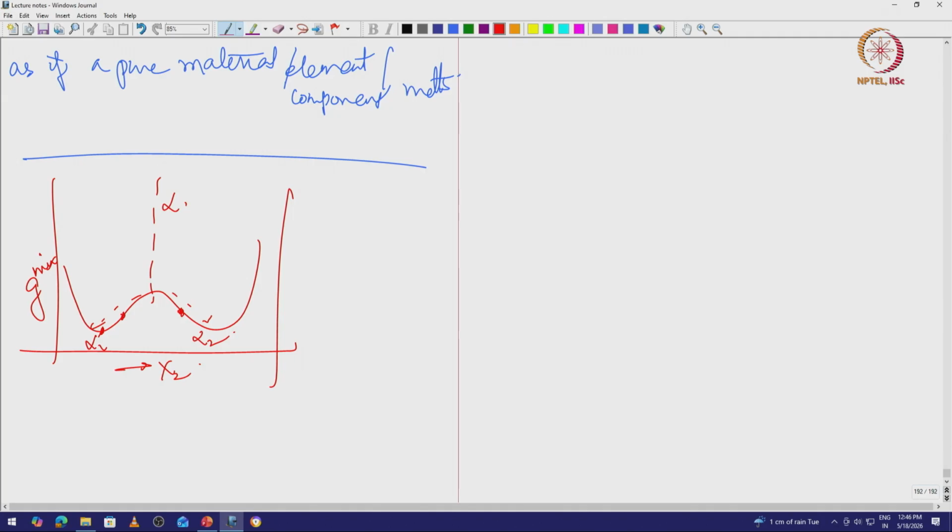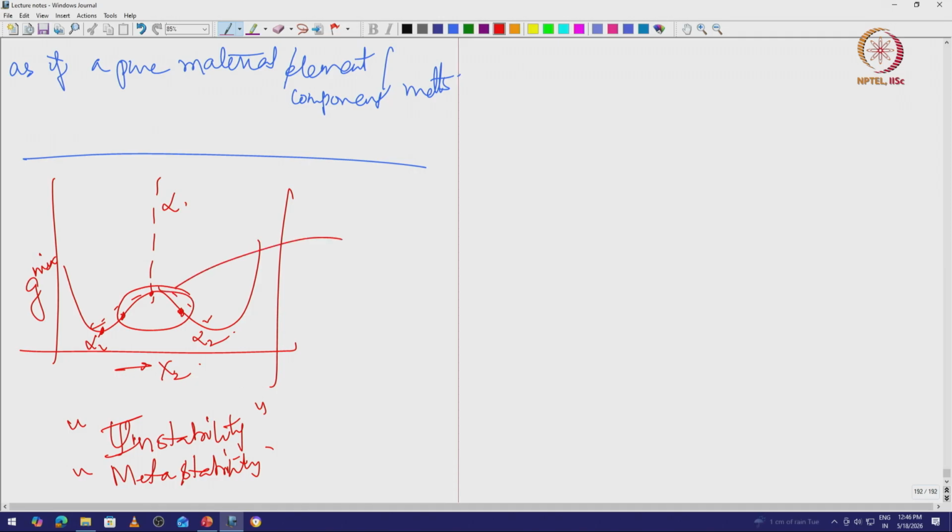So, here we define the idea of instability and metastability. Now, let us say the alpha phase has a profile like this in this region.